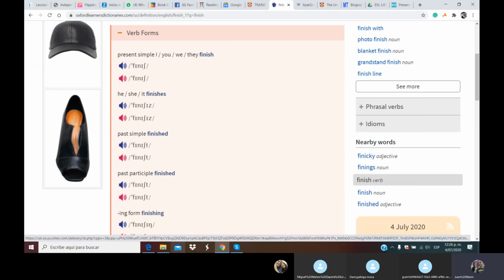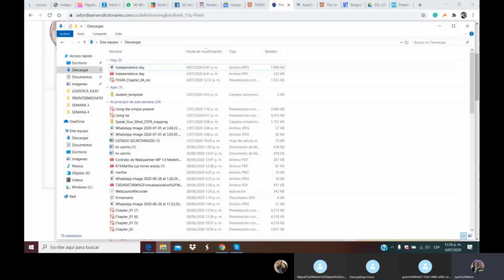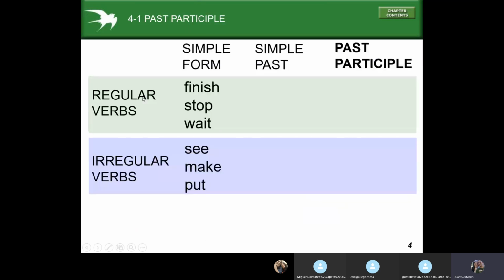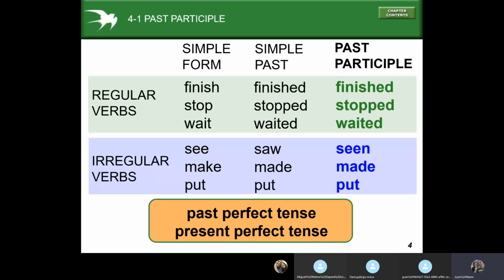Okay, let's continue with the presentation. Past perfect tense and present perfect tense, sorry.